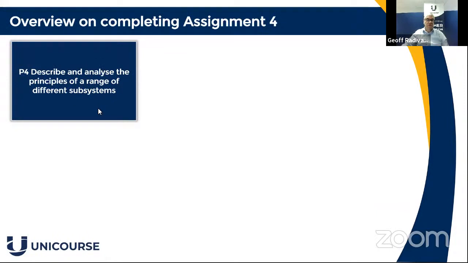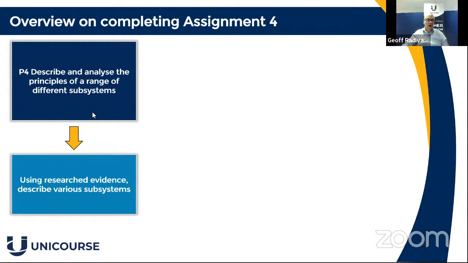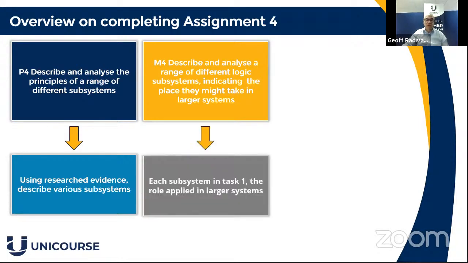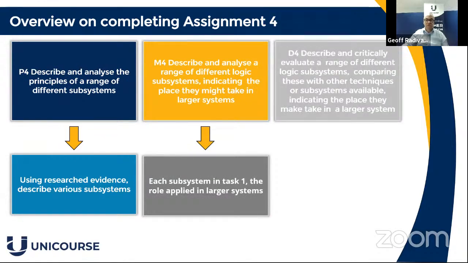So the first criteria, we'll look at a range of different subsystems. You're going to research evidence to look at various subsystems, which will include adders and multiplexers and shift registers. We'll then look at the larger systems, how they would work and how they would work within the subsystems.